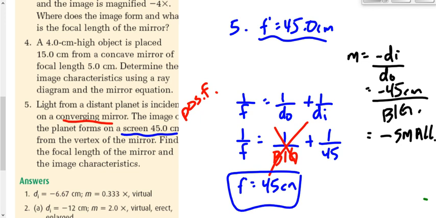It's smaller than the object. Does that make sense? Doesn't a telescope make things bigger? You ever look through a telescope? Look at the moon through a telescope. Okay, let's say that your telescope has a big enough lens where you can actually see the entire moon. Okay? It's magnified, right?